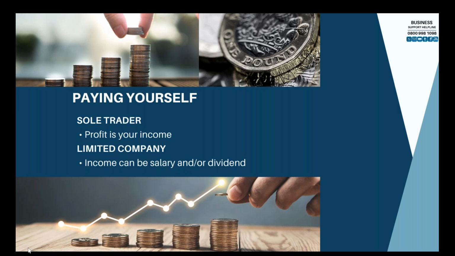In regards to a limited company, any money that comes into the company is owned by the company rather than you as a person, so this money must be accounted for. To take money out of the company as a salary, assuming that the company can afford this, the company would have to employ you as a member of staff. As with any employment, any salaries are subject to PAYE and national insurance contributions.